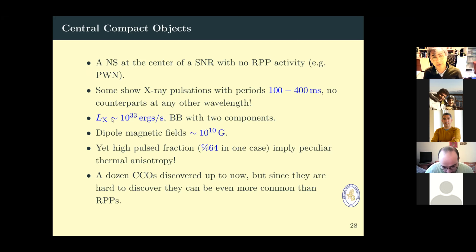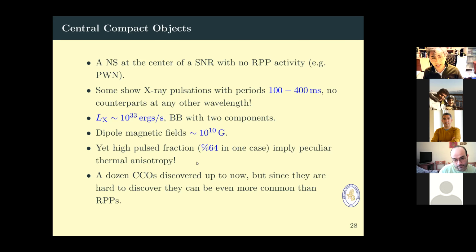They would have luminosities two orders of magnitude smaller than the anomalous X-ray pulsars and soft gamma ray repeaters. Some would have two black body components. And the spin down rate together with these periods indicate very low magnetic fields compared to the population of rotationally powered pulsars, 10^10 Gauss.